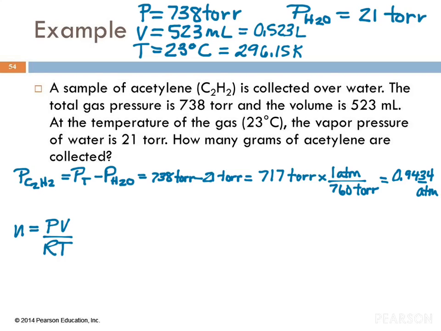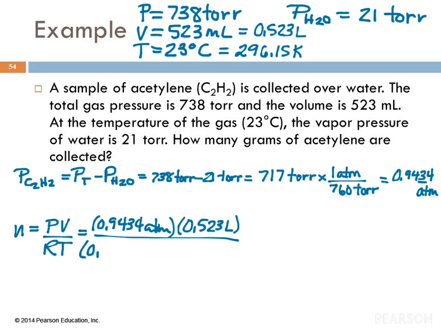Okay, so now we've got P, V, T, all with the correct units. So we can put these in here. 0.9434 atm, the volume, 0.523 liters, and the ideal gas constant, 0.08206, with its funky units, liter atmospheres per mole Kelvin. And the temperature, 296.15 Kelvin.